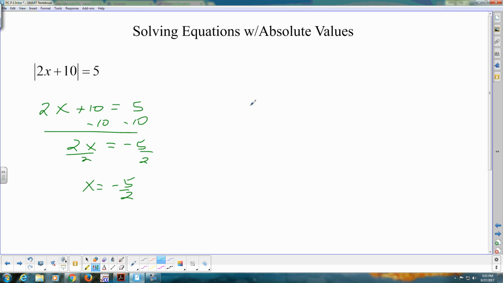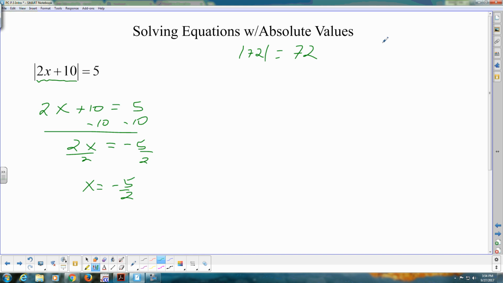That's one answer. The reason you could just write this down without the absolute value bars is because you assumed what's inside is positive. Whenever you have a number, say 72, that's positive inside, you just take the bars off. So we first assumed what's in here is positive, so the bars just came off and we solved it.